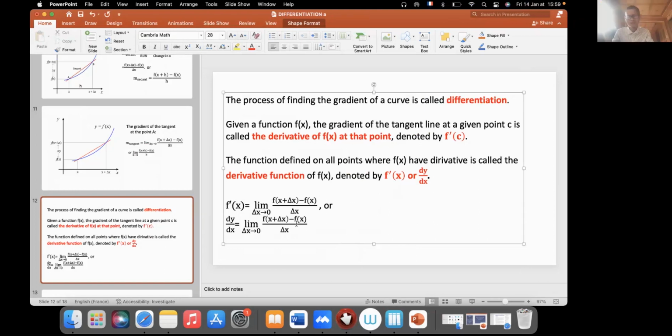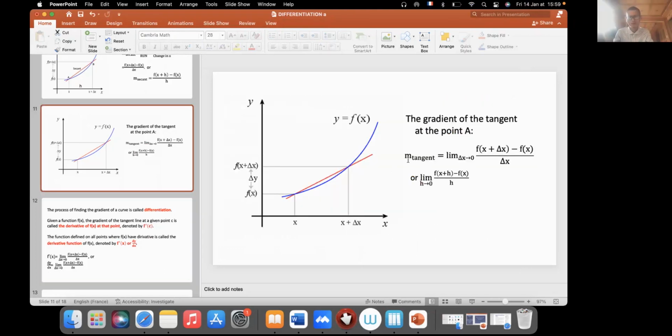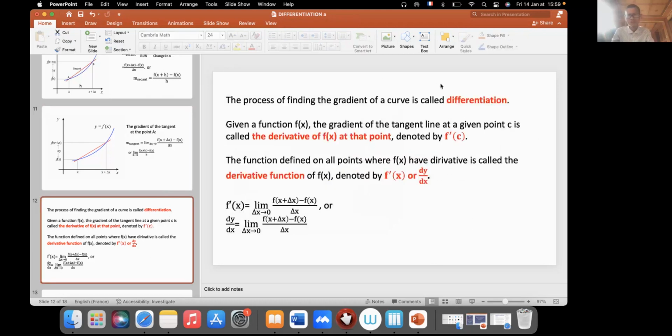Okay, with these notations, the gradient of the tangent, by our definition, is called the differentiation, right? It's denoted by f prime of x or f prime of c.